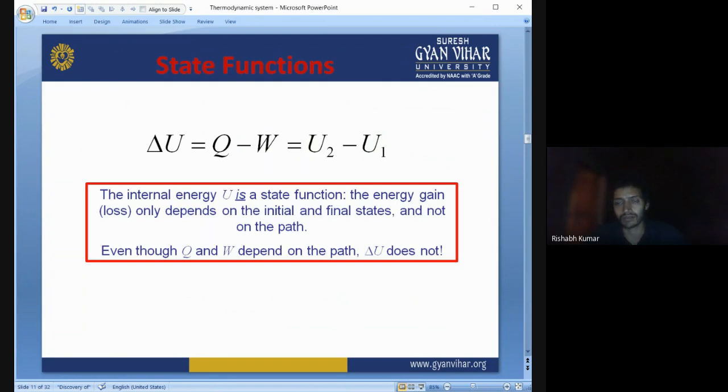Only on that does the internal energy depend. And what categorizes the state of the system? Your variables. What are these variables? State variables. These are pressure, volume, and temperature, and also the number of moles we are taking.